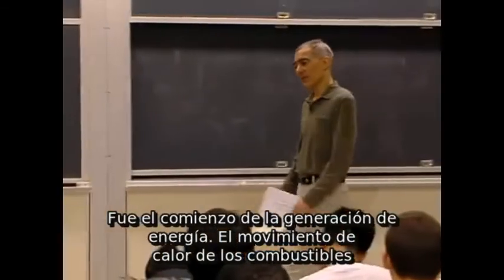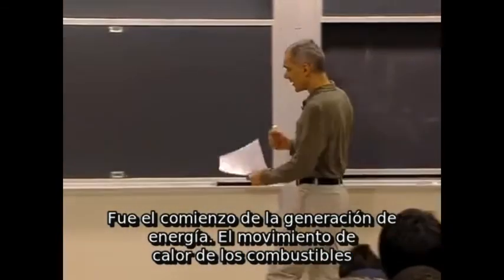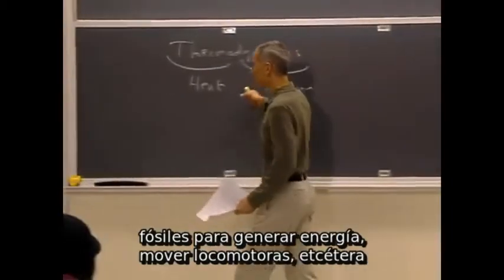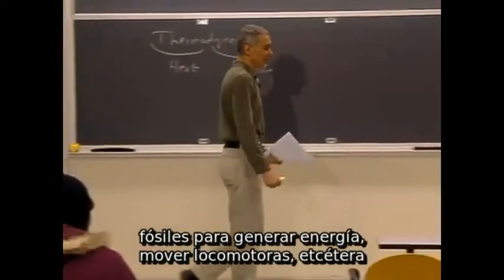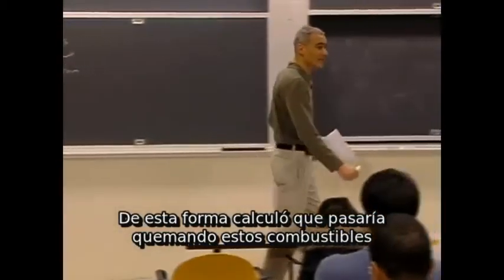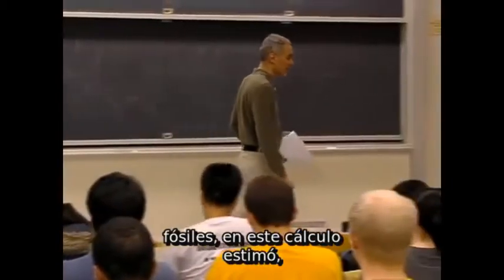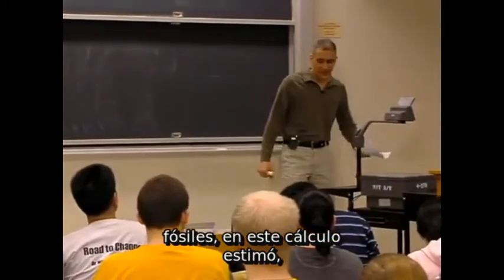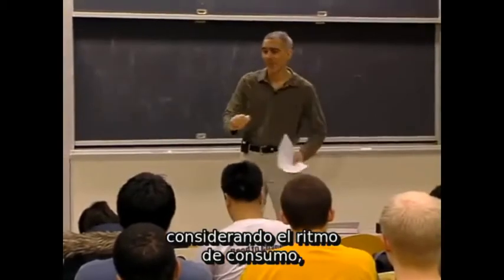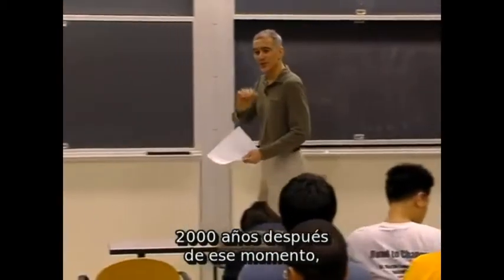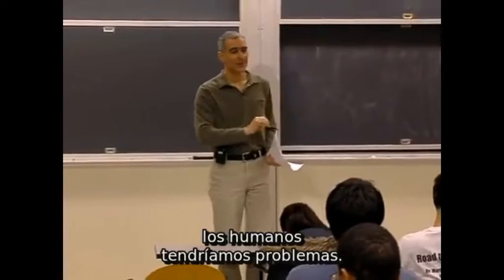Beginning of the generation of power, moving heat from fossil fuels to generating energy, locomotives, etc. So he calculated what would happen to this burning of fossil fuels, and he basically got the calculation right, by the way. But he found that in 2,000 years from the time that he did the calculations, humans would be in trouble.